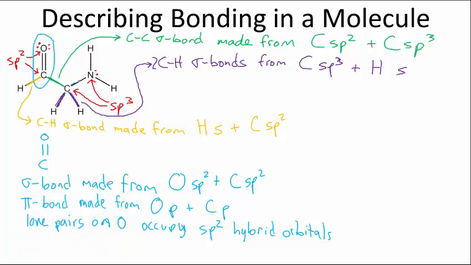I'm running out of colors, but that's okay. This dark blue CN bond, I have a CN. What kind of bond? A CN sigma bond. And that's from what orbital on carbon plus what orbital on nitrogen? sp3 on both. Yep.